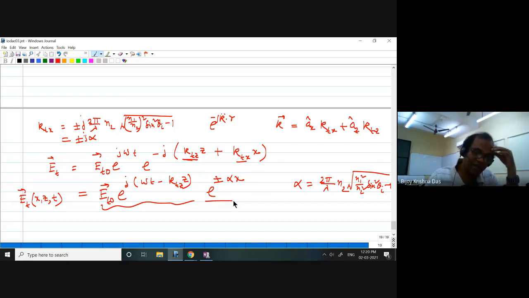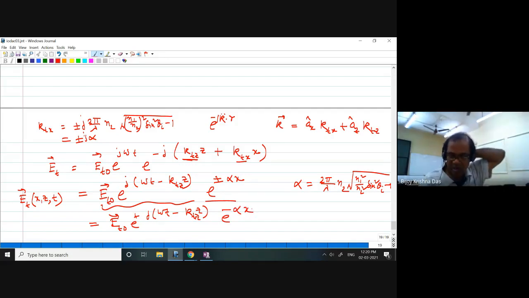But along x direction, either it can be plus or minus. Normally plus cannot happen. Plus means it will be growing exponentially. That is never possible. Either it can be oscillatory or decaying. So we have to take the plus sign so that you get a minus here. So I get ET0 e to the power j omega t minus KTZ z, e to the power minus alpha x. That means along x direction, it is attenuating exponentially.